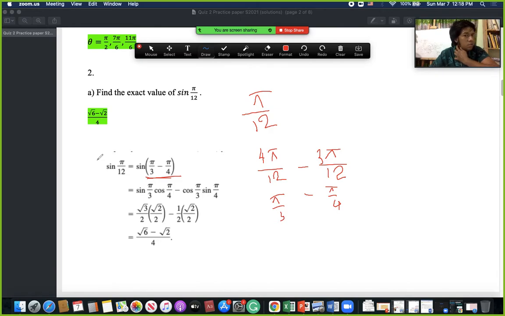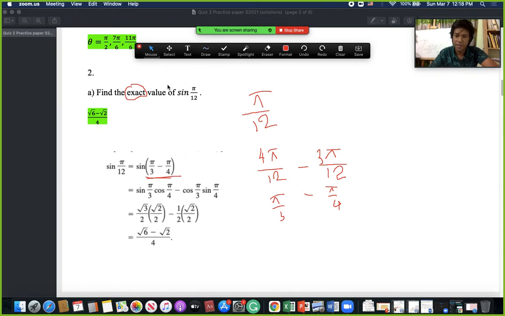Now, what is wrong if you use the formula directly and find out sin pi by 12 equals to what from the calculator? The mistake here is the question is find the exact value. There are some calculators which can give you this exact value, but a regular calculator will give you a decimal answer, and a decimal answer is not the exact value.